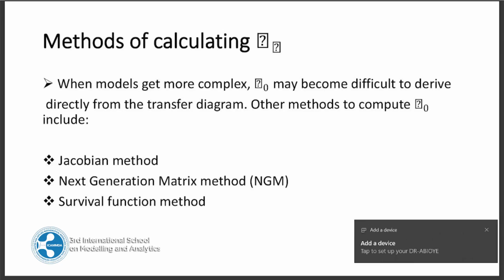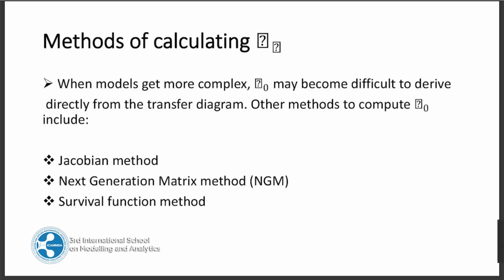But when the model becomes complex, there are different techniques that we can use to calculate the basic reproduction number. When a model gets more complex, R0 may become difficult to derive directly from the transfer diagram. Other methods to compute R0 include the Jacobian method, the next generation method, and the survival function method.